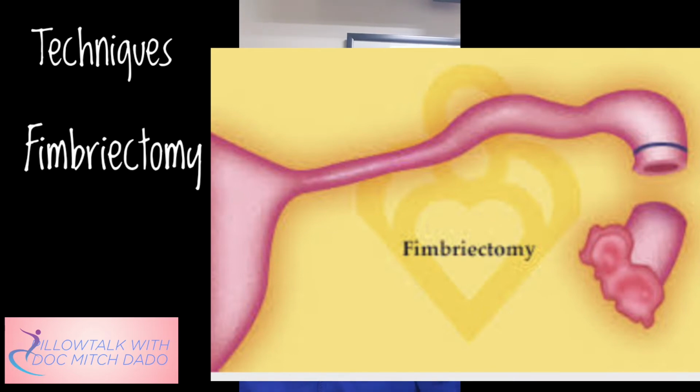That's what we call the fimbria. Okay, so yung fimbriectomy, tatanggalin mo yon. So when we do fimbriectomy, it actually eliminates the capacity of the fallopian tube to catch yung egg pag nag-ovulate.